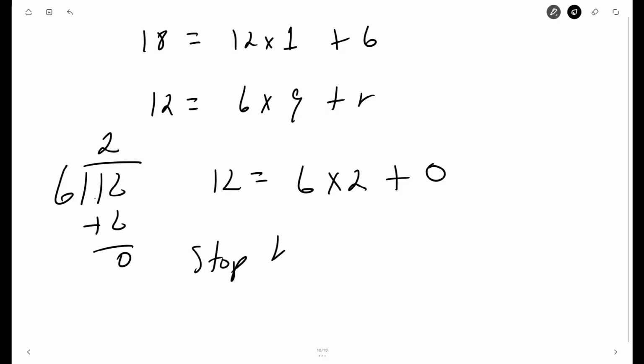We stop because R is equal to 0. That means that now we found the GCD.